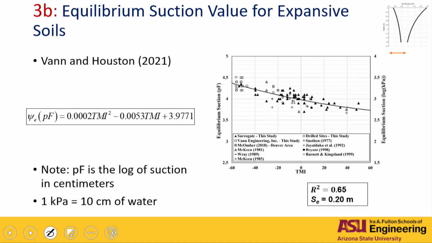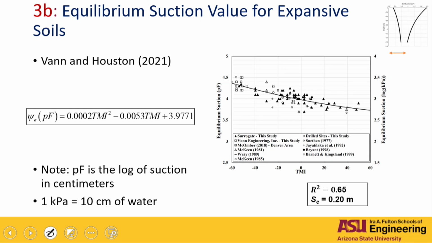So also the equilibrium suction value, okay? What was the equilibrium value for a particular place? They also checked many different correlations with the data they got, and they found the best correlation, although the R squared is kind of weak.